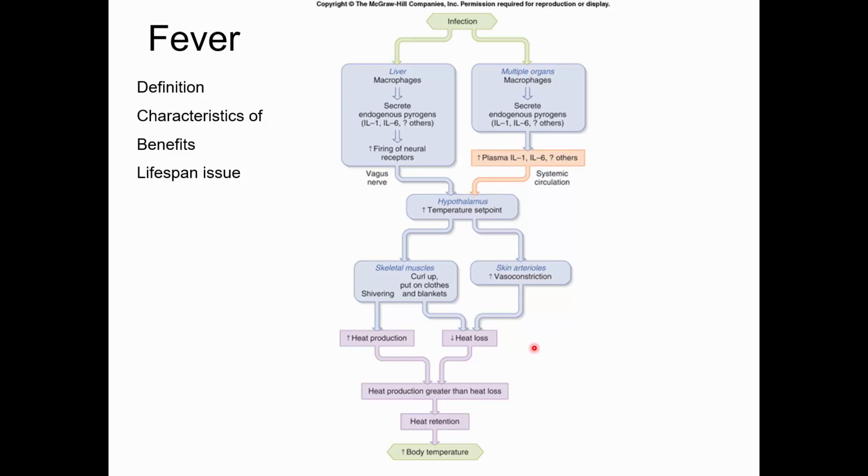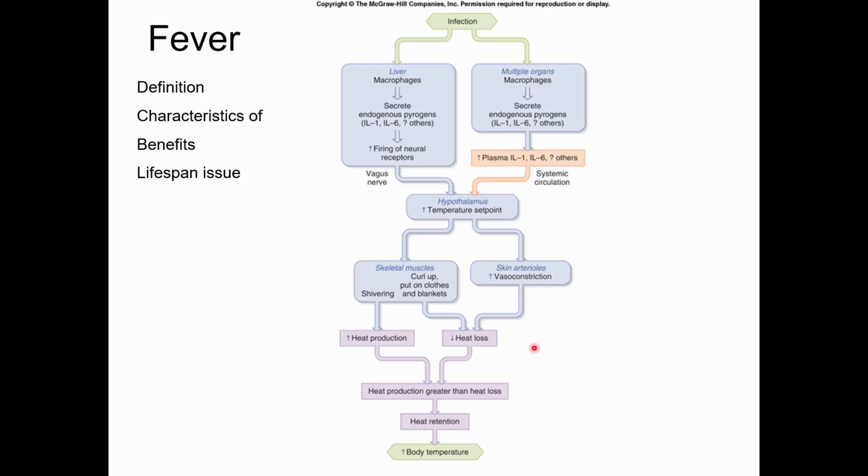Now, when people have a low-grade fever, that could be a good thing. That might help your immune system be able to fight the invader a little better.